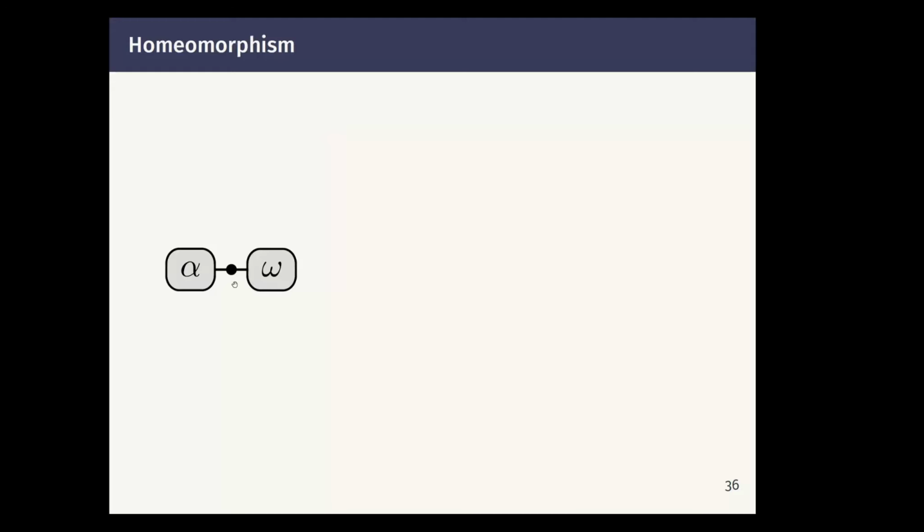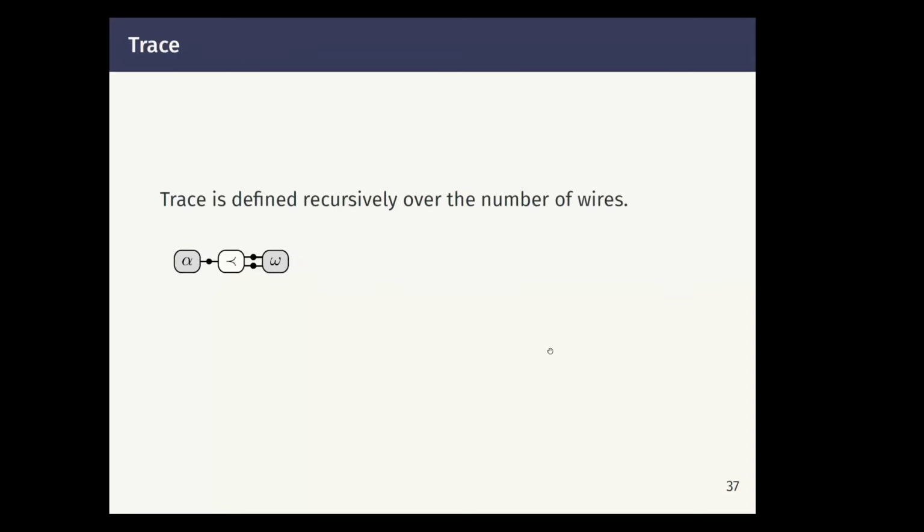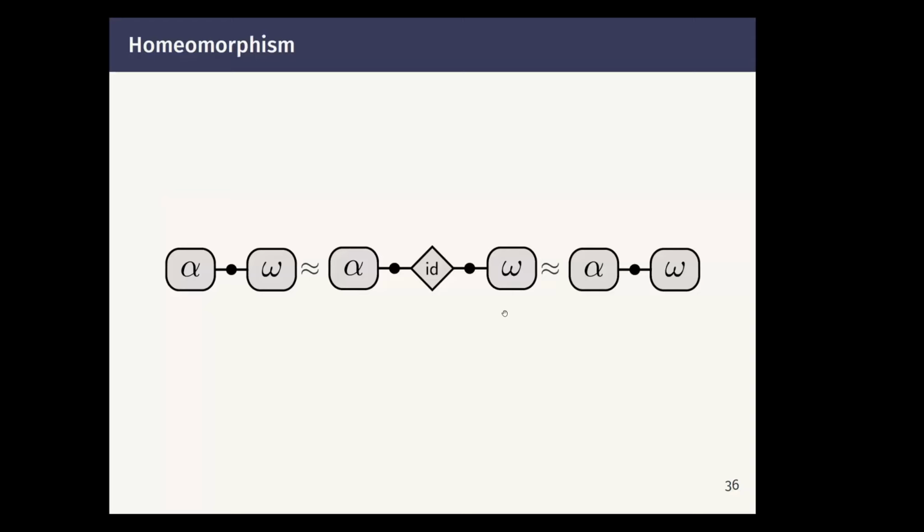If we have just an identity here, we can expand it and add in this special identity edge, which just represents the identity. Things go in, the same thing comes out. And we will always be able to remove this edge as well, unless they're connected, which I'll show in a minute.